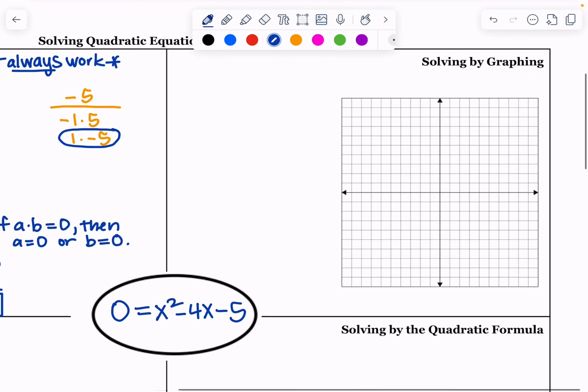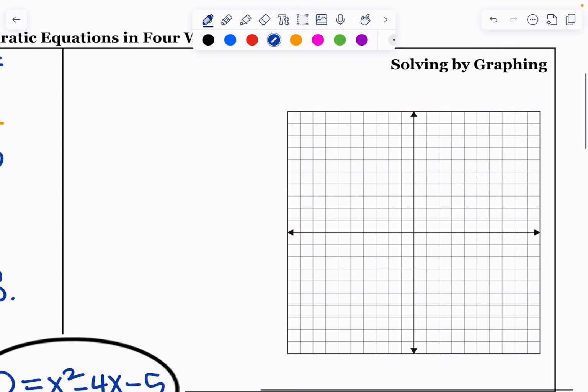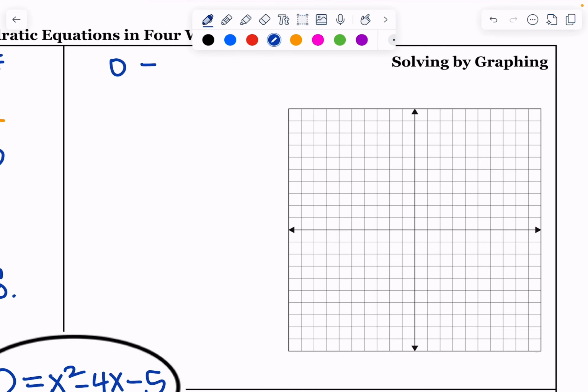Right, the next method that we are going to apply will be solving by graphing. So I'm going to rewrite my equation over here. 0 equals x squared minus 4x minus 5. Now, I would suggest using my TI-84 calculator, or if you have access to Desmos, that's even better. But for the sake of this video, we're just going to go by hand.